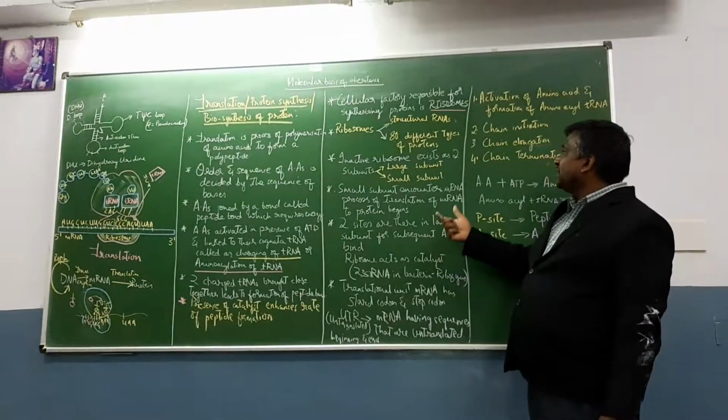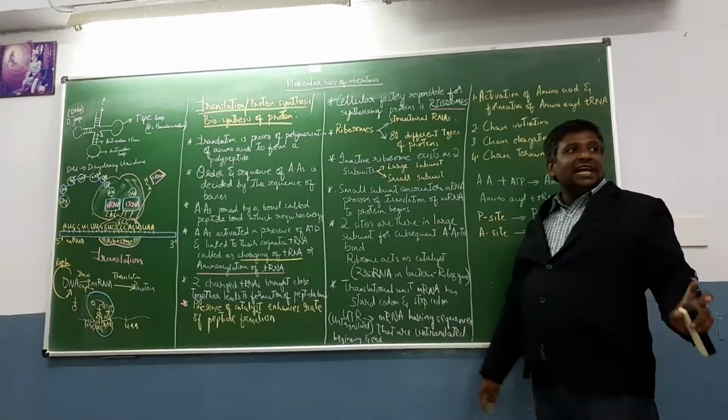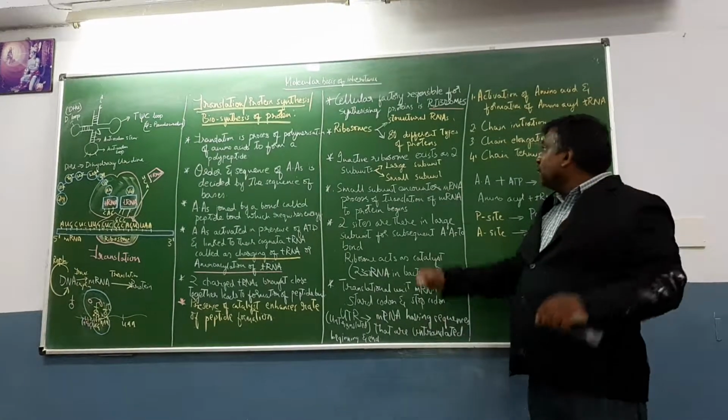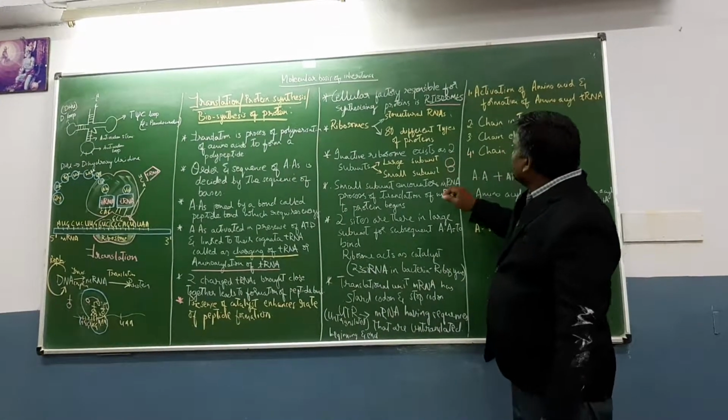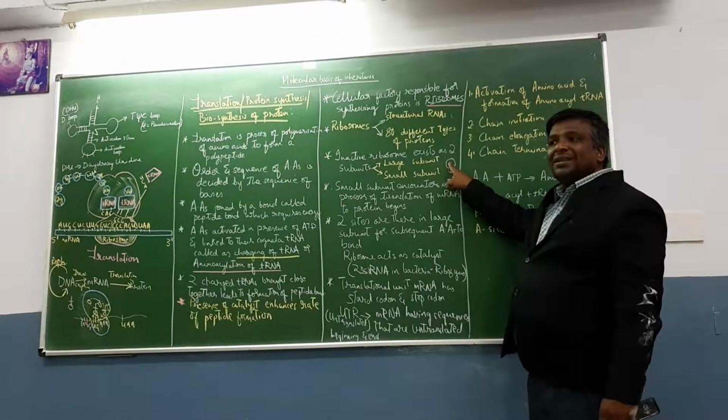Proteins are present. Inactive ribosomes will always be together as a smaller subunit and a larger subunit. Last time I drew a snow doll diagram: smaller subunit, larger subunit.